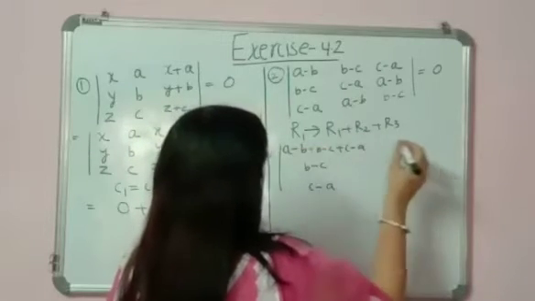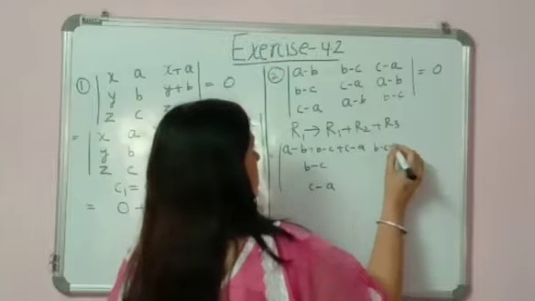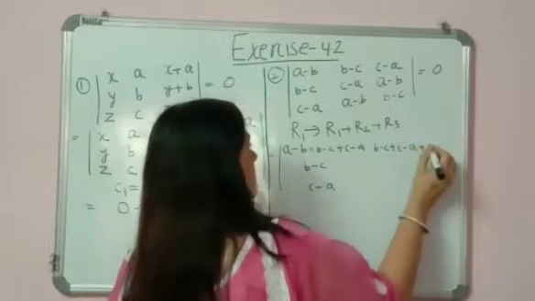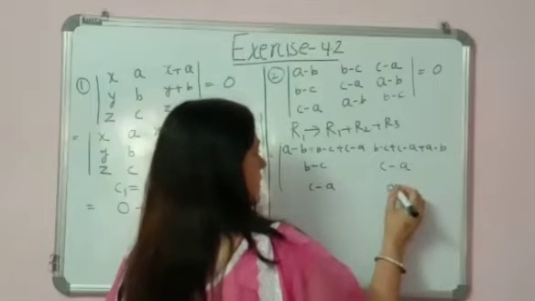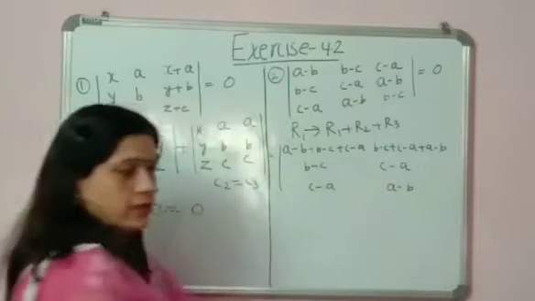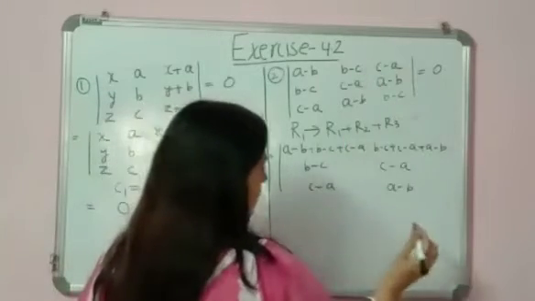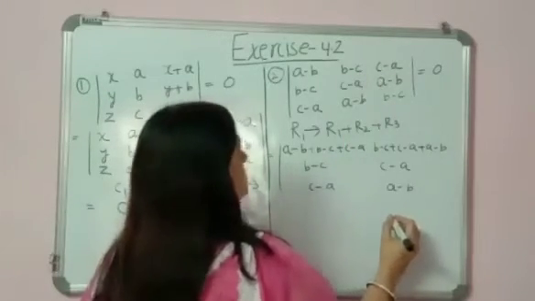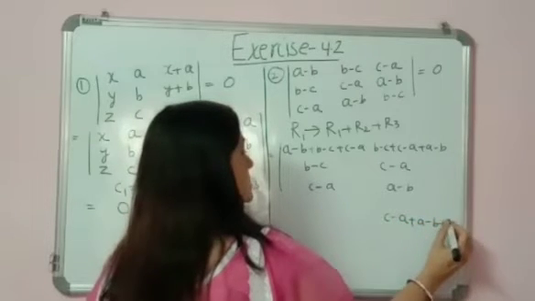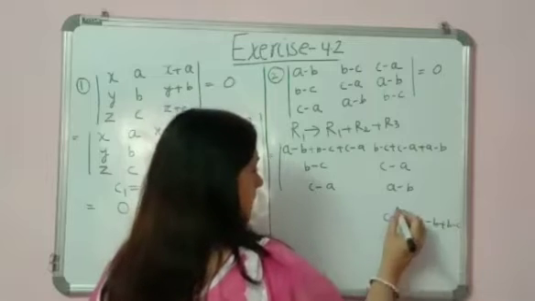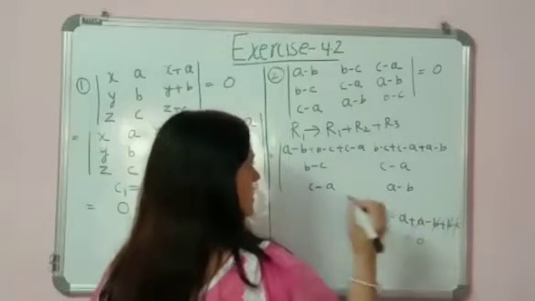So you are changing R1. So it will be B minus C plus C minus A plus A minus B, and then C minus A minus B. And the last term will be C minus A plus A minus B plus B minus C. So it will be equal to 0.